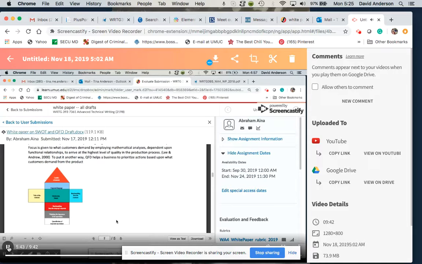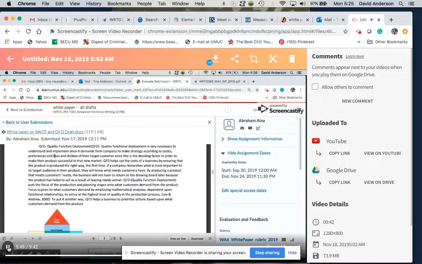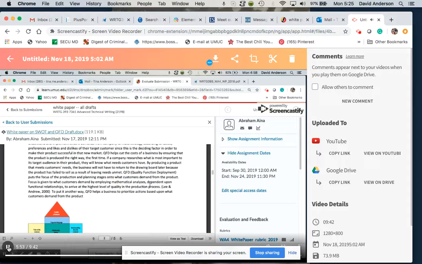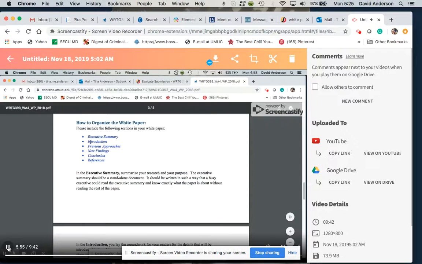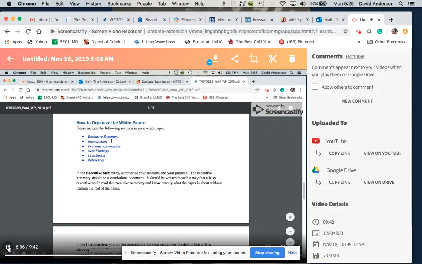Where are the areas that they find the most pushback, that they would need this SWOT and the QFD, or the quality function deployment. So that's where the introduction would cover that. Now you have all the information. It's just not organized in the correct places. So you would really need to kind of cut and paste your information together. I'm just trying to share with you what you would include.